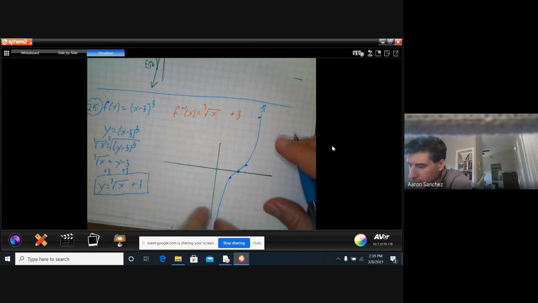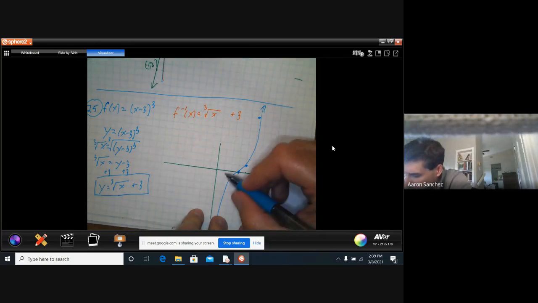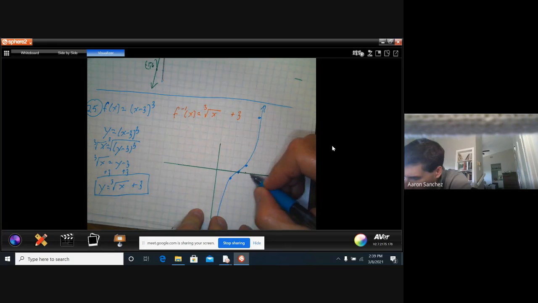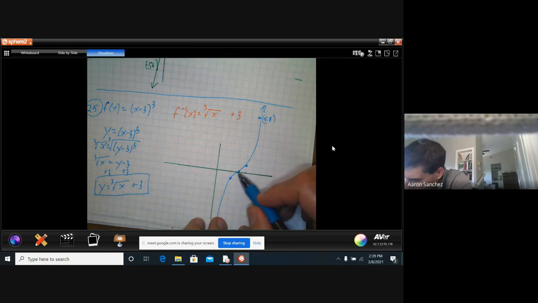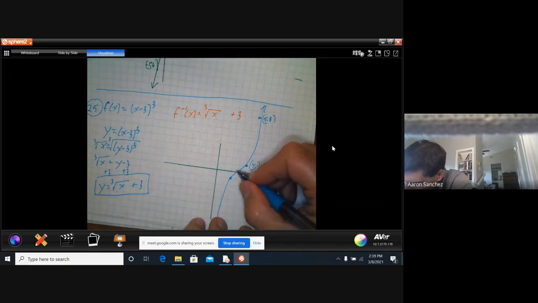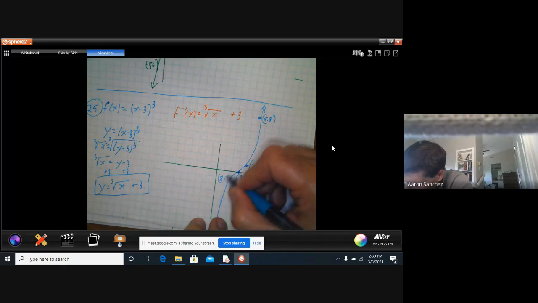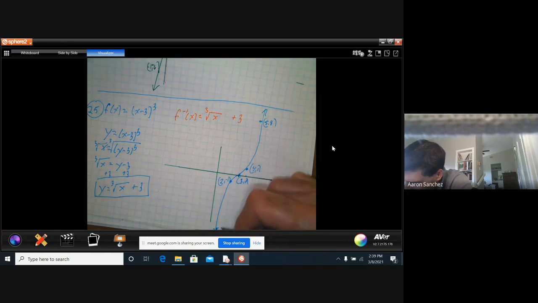Now, what about my inverse? What's that going to look like? Well, let's find these points. We got 5, comma 8 is that point. 4, comma 1 is that point. 3, comma 0. 2, negative 1. And 1, negative 8.